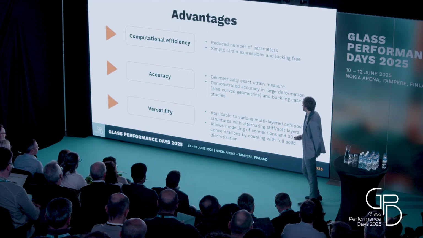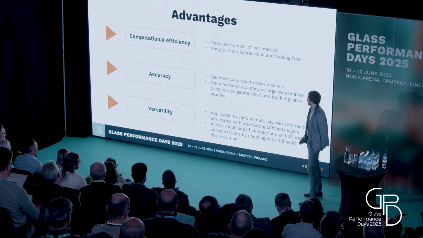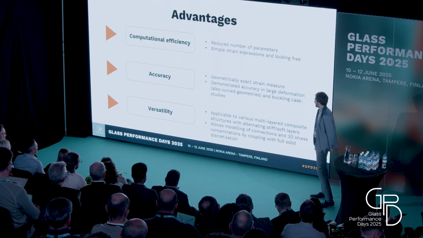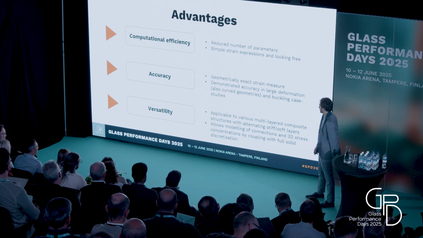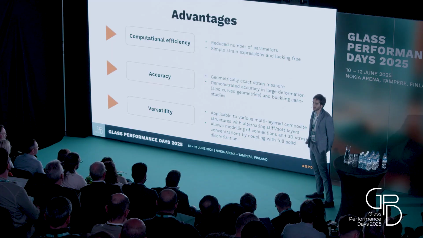It's accurate because of the exact strain measure, and we demonstrate accuracy in large deformation and buckling. It's also easy to interface this model with other models, for example, with other full 3D models.